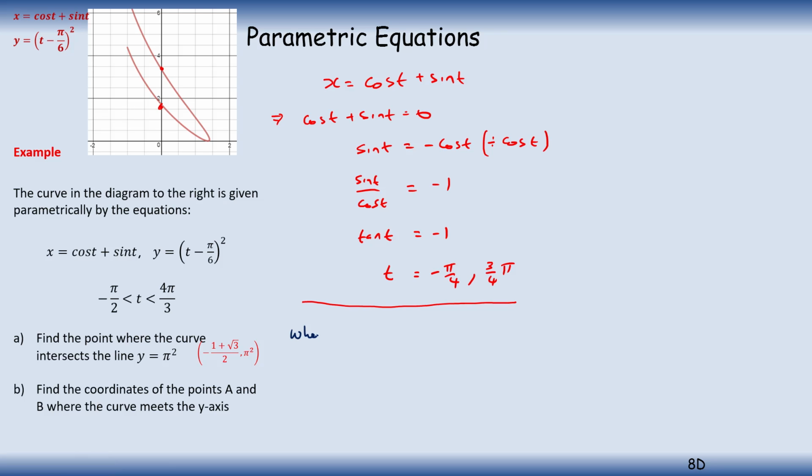So when t is equal to minus pi by 4, I know y is equal to t minus pi by 6 squared. So subbing for t, I'll have minus pi by 4 minus pi by 6 squared. If I work that out on my calculator, I should get, well, you should get 25 pi squared divided by 144.